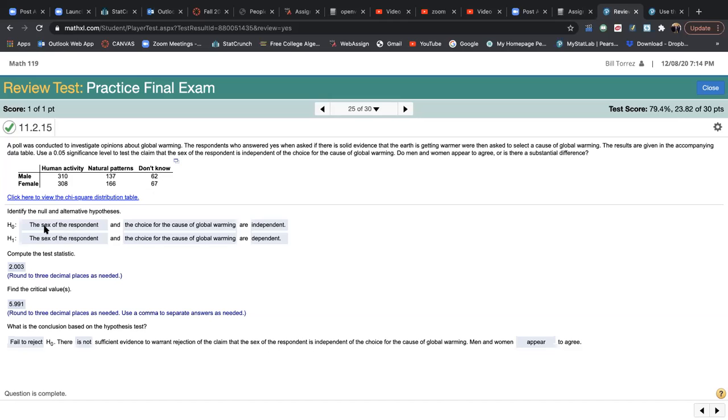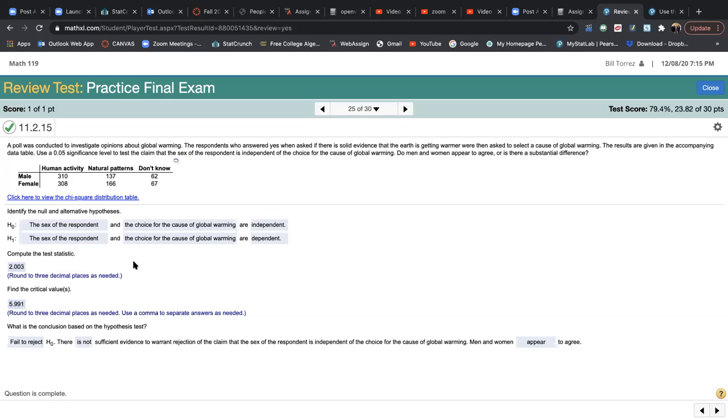So the gender, the sex of the respondent, and the choice for the cause of global warming are independent. So there's your null, independence between gender and the cause, versus the alternative that these two characteristics, gender and choice for the cause, are dependent.